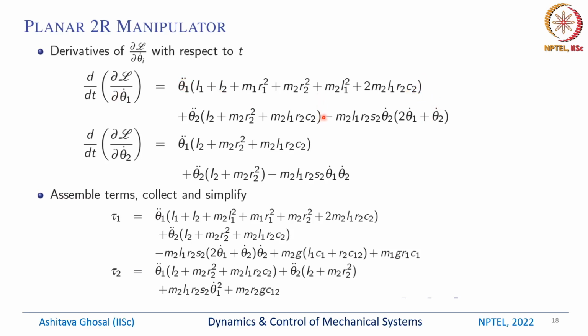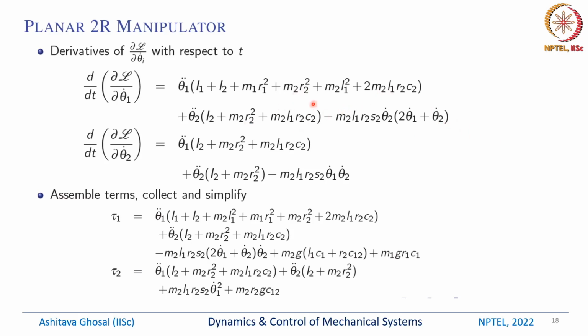So you will again get some theta 2 dot into sine theta 2, which is what these terms are. So the time derivative is this plus this into this, theta 2 double dot into this, and then we have some m2 L1 R2 S2 theta 2 dot into 2 theta 1 dot plus theta 2 dot.